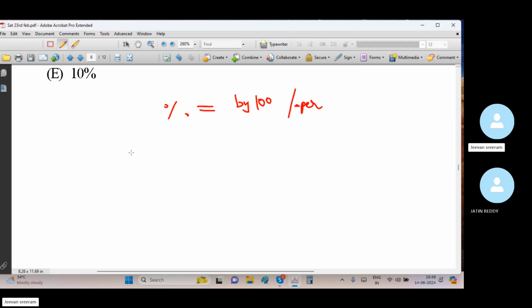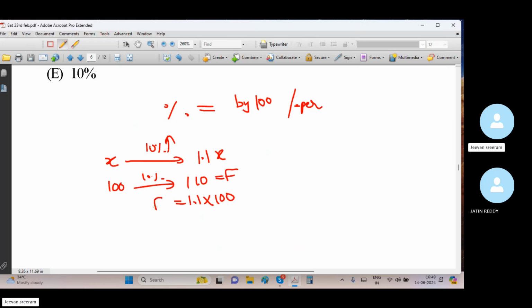For example, a quantity x is increased by 10%. 10% increase means you have to take 1.1 times of it, because if x is 100, a 10% increase means the final value is going to be 110, which is 1.1 times of 100. The final value is actually 1.1 times the initial value when increased by 10%.